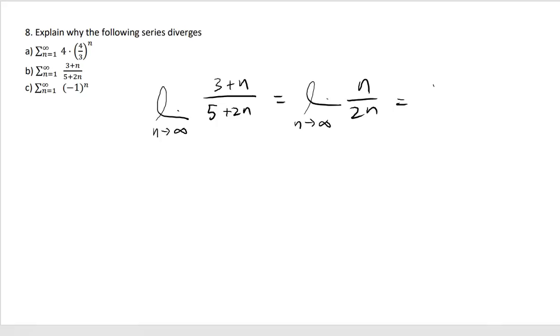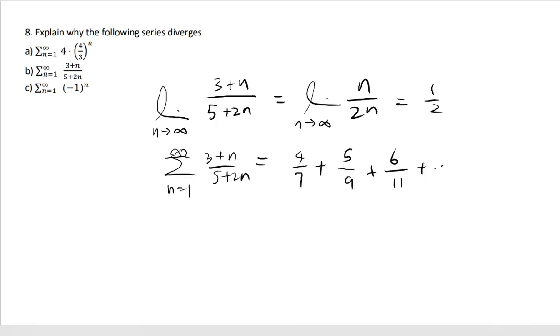And n cancels, so you get 1/2 as the limit. What does this mean? This summation, 1 through infinity, of 3 plus n over 5 plus 2n, means you're plugging in 1, so it's 4 over 7, and then when you plug in 2, that's 5 over 9, and then 6 over 11, and so on and so on.